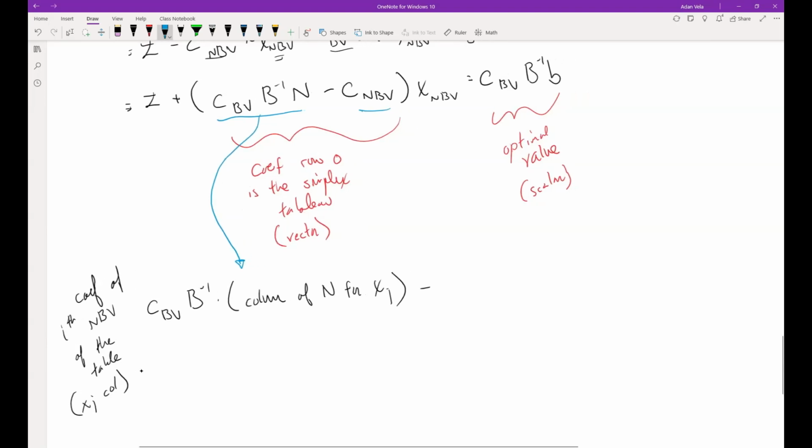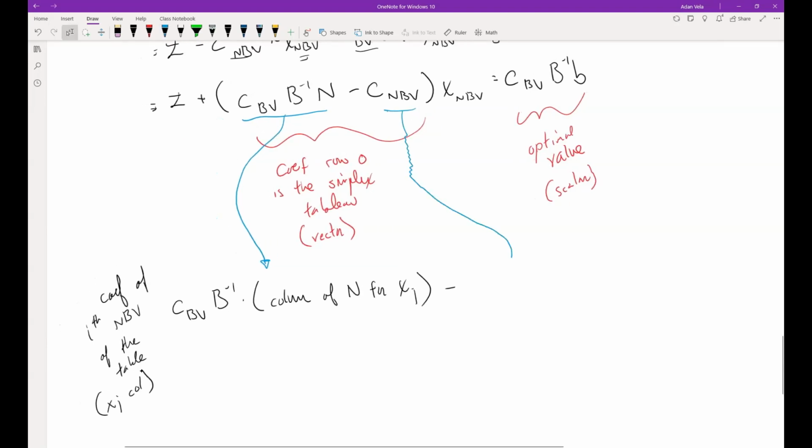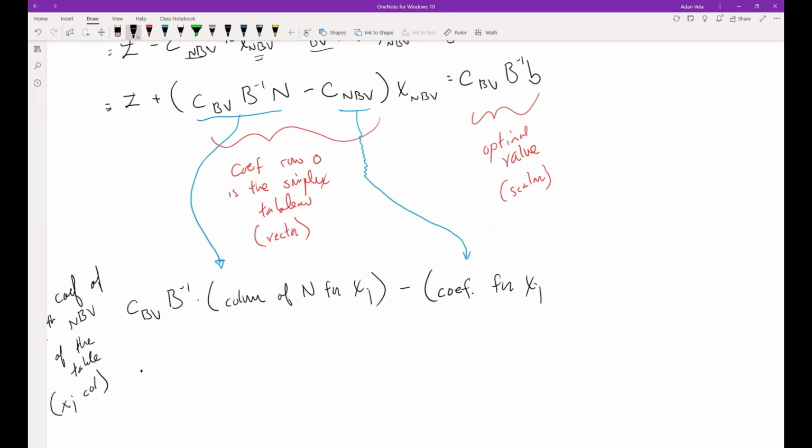Similarly, we can do the same thing on this side. We just end up with the coefficient for xj in CNBV.